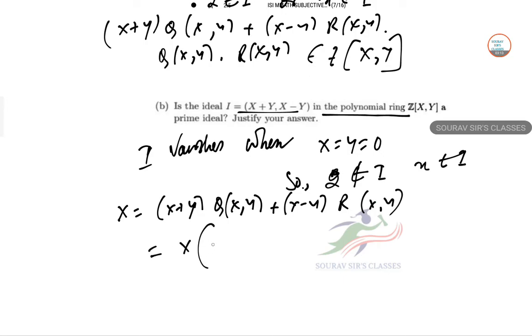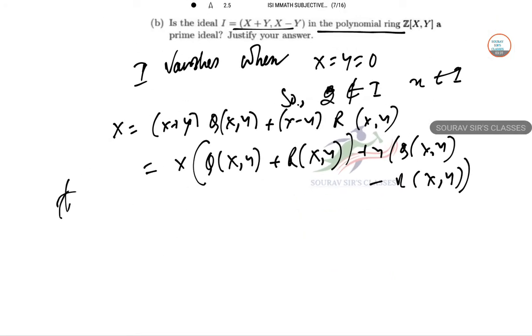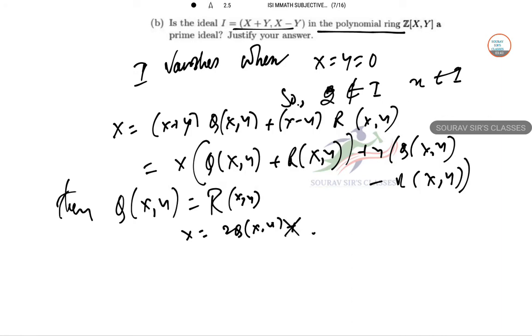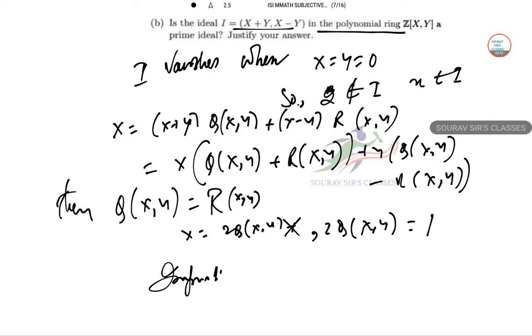So this is finally x equals, from the above, q(x,y) equals r(x,y), and x equals 2 q(x,y), and that is equal to 1, which implies an impossibility in Z[x,y].